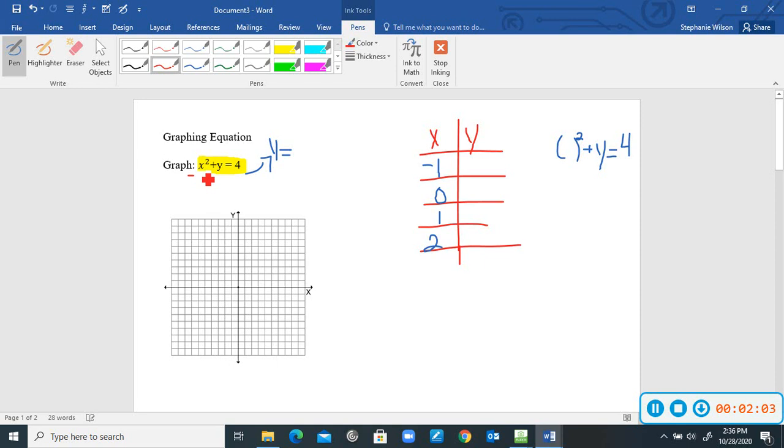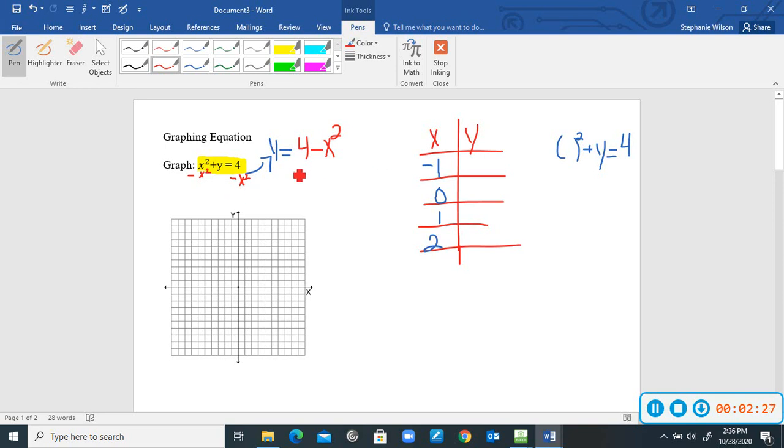So I would subtract x squared from both sides. And what happens now, I get this new function, which is the same equation, and I called it function, but it's an equation. And I'll show you a function here in just a little bit. Like this. So you can use either one.